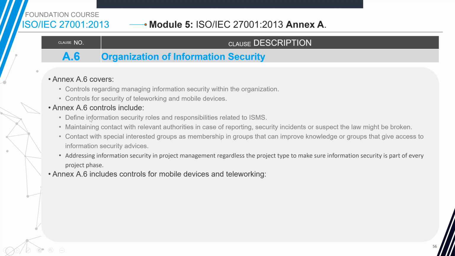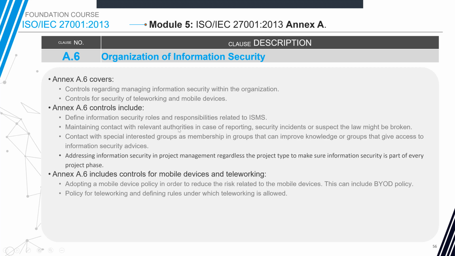In Annex 6, it covers or defines the information security roles and responsibilities. It also covers maintaining contact with relevant authorities. It may be security incident groups, it may be reporting, it may be laws and regulations, it may be an authority like NCA, whatever.